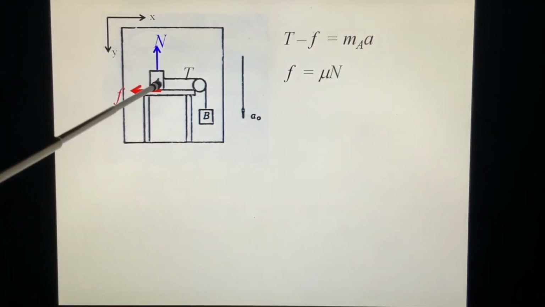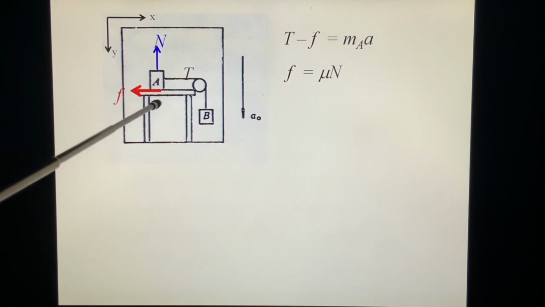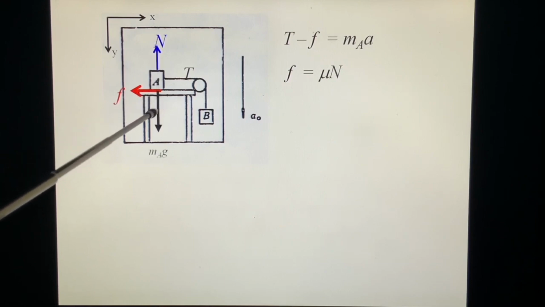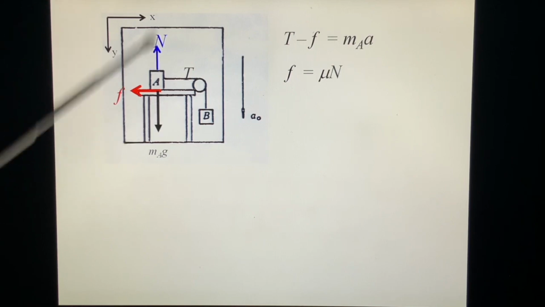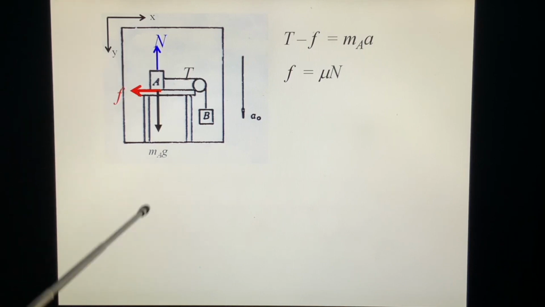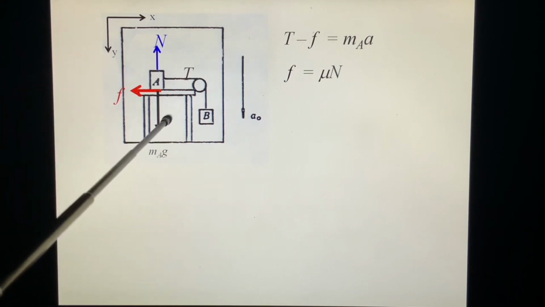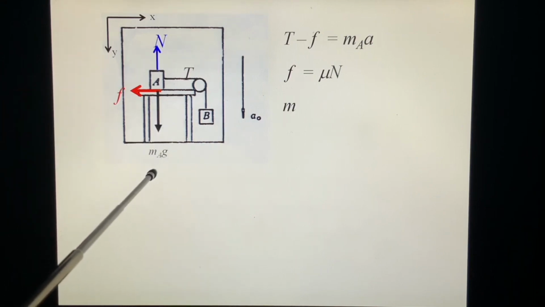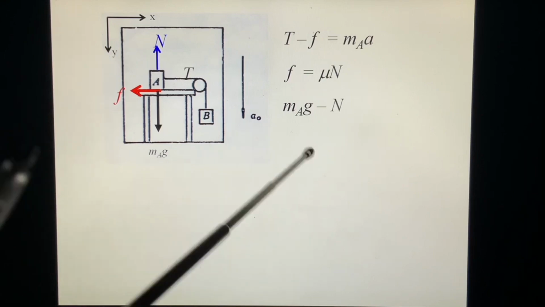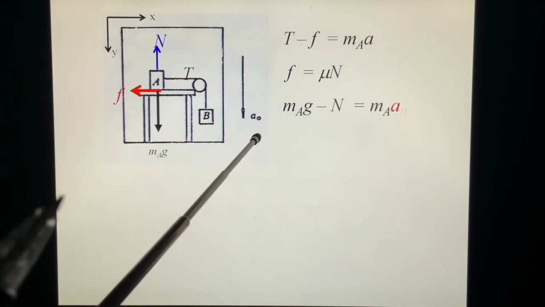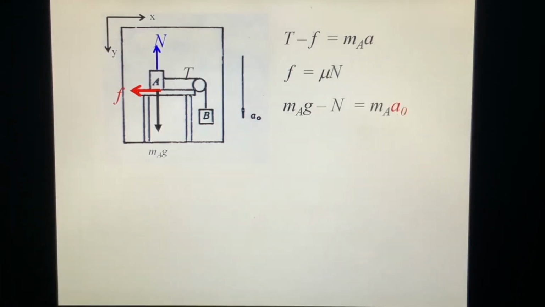Vertically, look at block A. It has gravitational force m_A g and N, only two. Does it move? Yes. Standing on the ground, you see A move downward together with the elevator. So we have m_A g minus N equals m_A a0. And that's the key point.